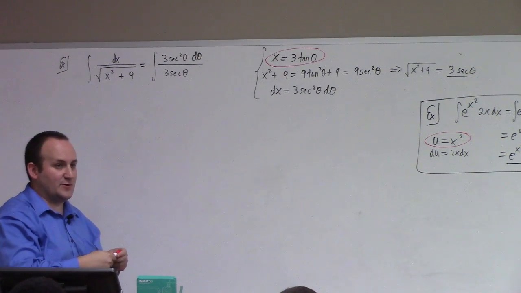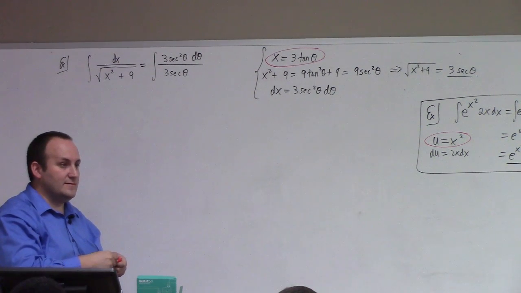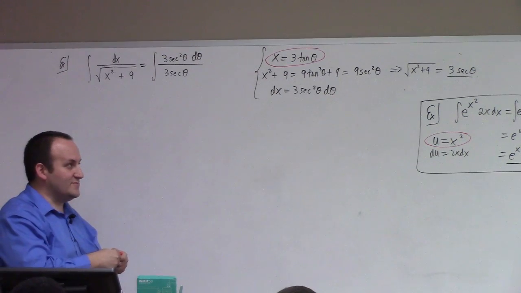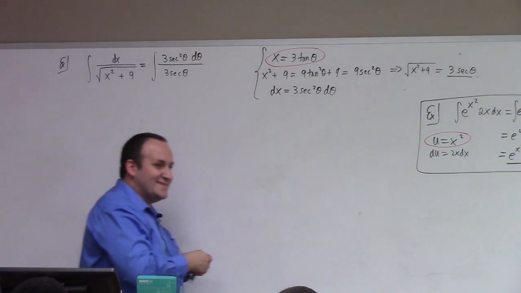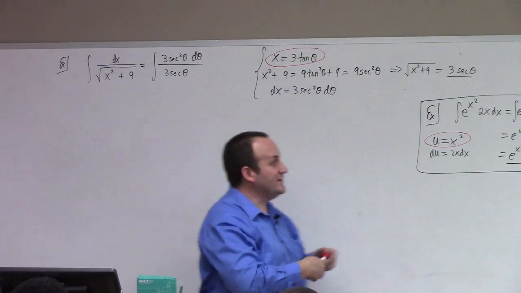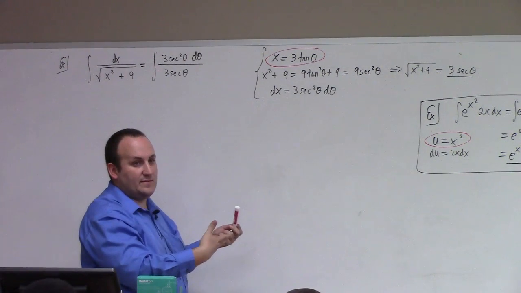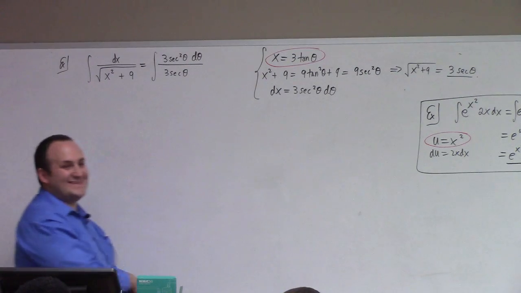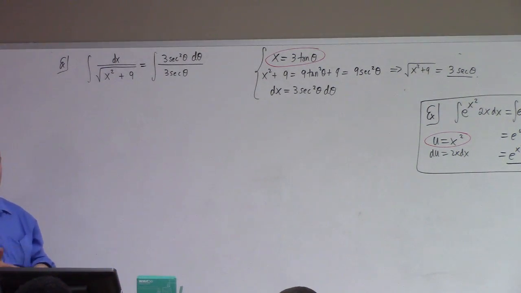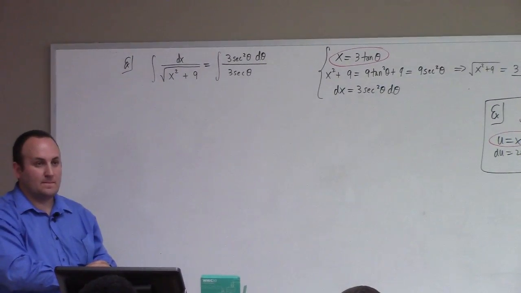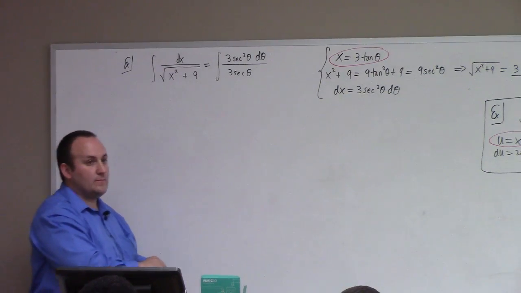It's kind of like asking when's the War of 1812? It's u. Right, it's u. Trigonometric substitution, what's the substituted variable? Is not x. X is the old variable. What's the new variable? It's theta.